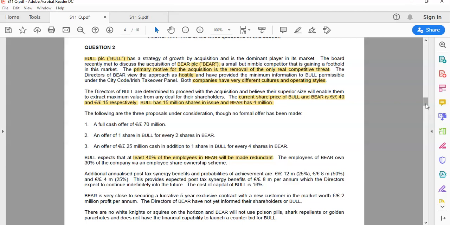So be more proactive communicators, lobby the regulator on competition grounds, lobby the employees about their social awareness and the fact that there's going to be a lot of redundancies. This will not be good for them. And again, disclose the valuable contract that will come down the line if this company is not taken over.